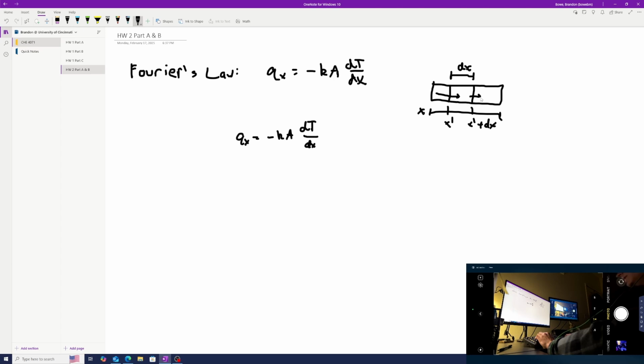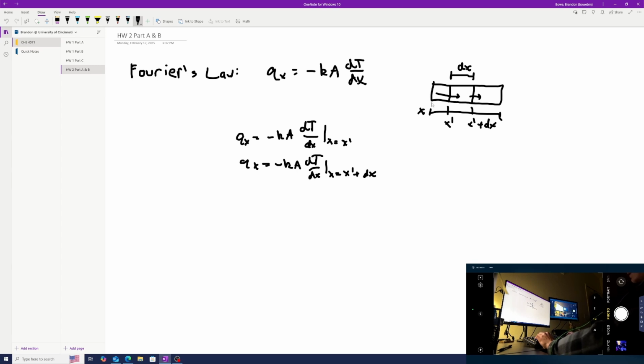And then the energy going out is also Qx equal to negative KA, at our x position x prime plus dx, change in temperature, change in position.